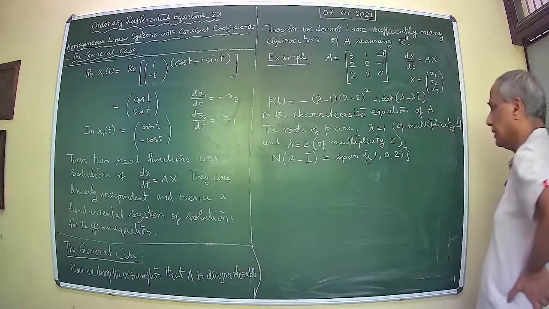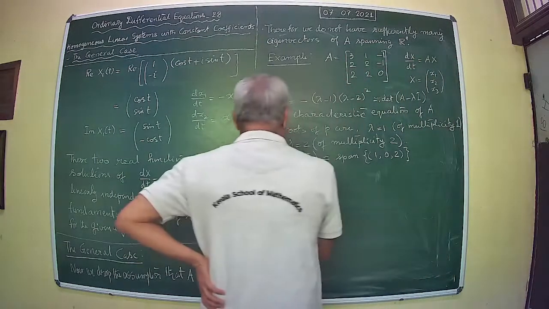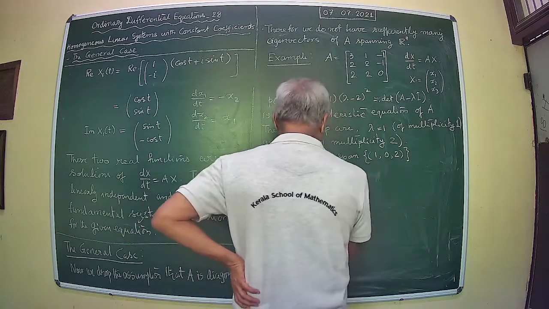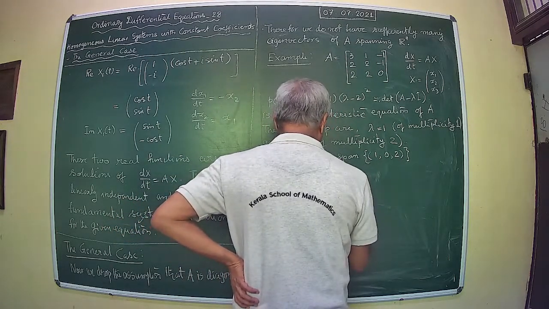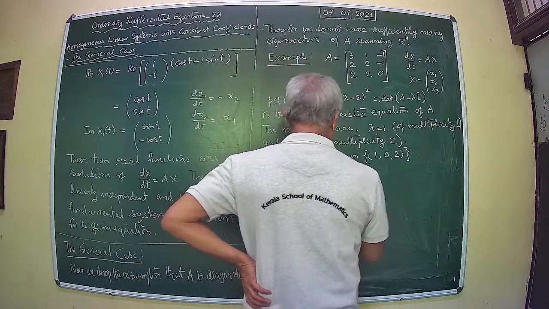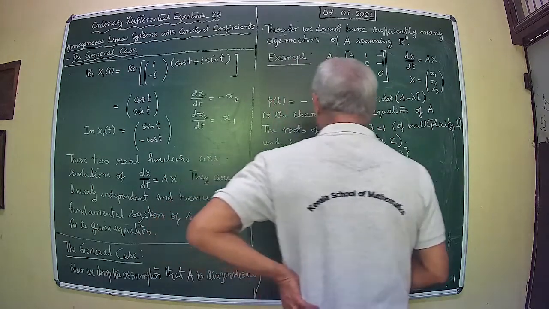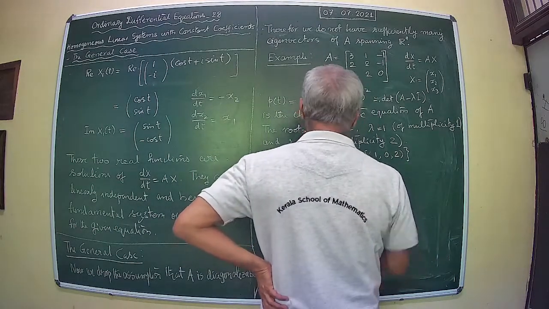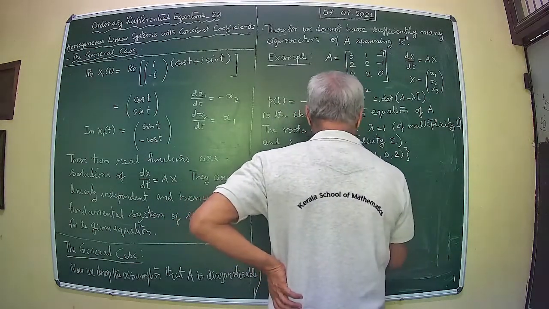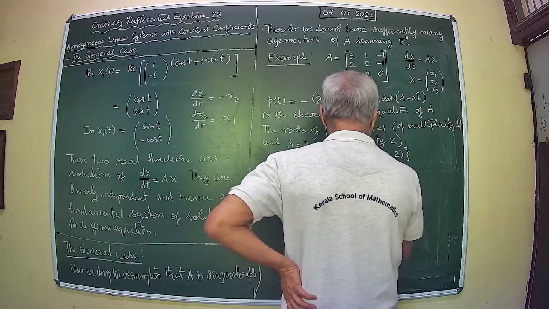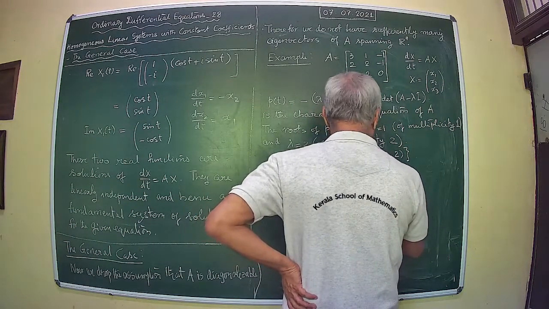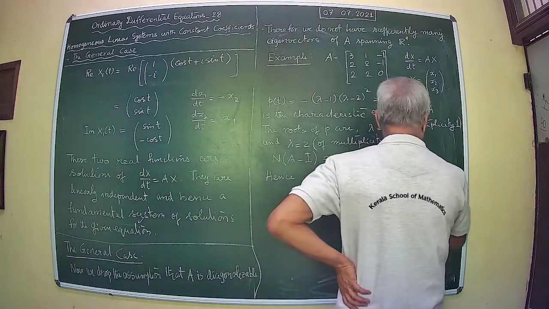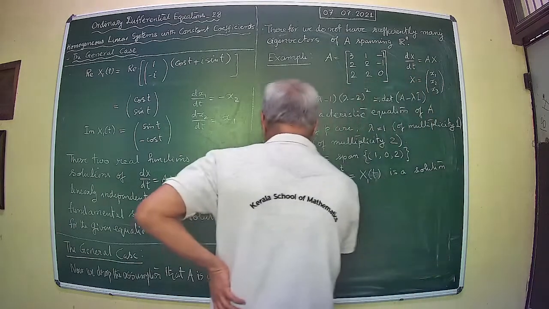So that's it, and hence e to the power t, what is it, it's equal to 1, 0, 2.